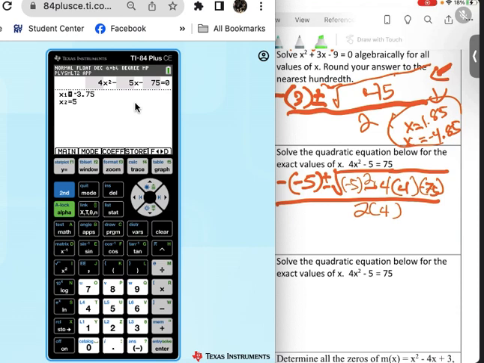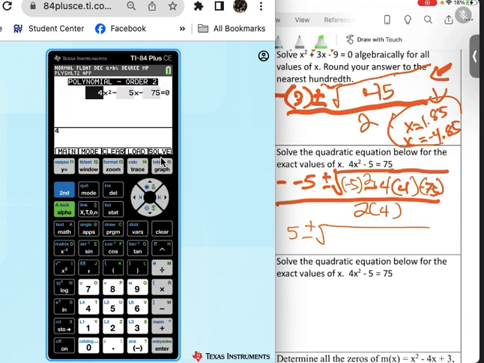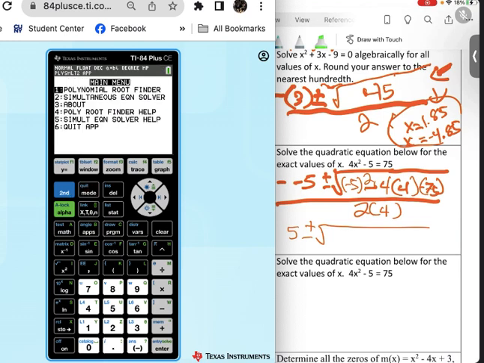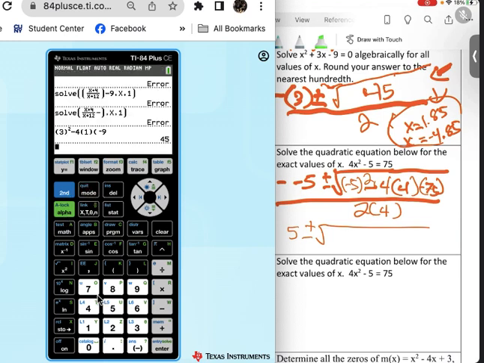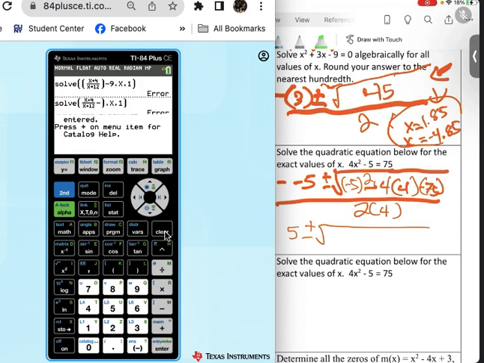So negative b is going to be 5, plus minus the square root, and inside of our discriminant, negative 5 squared minus 4 times 4 times negative 75 equals, something went wrong.